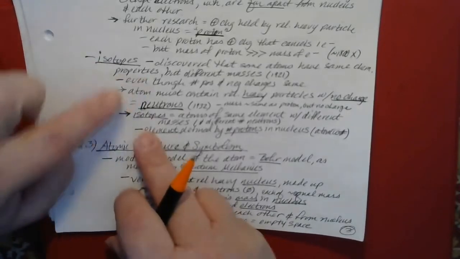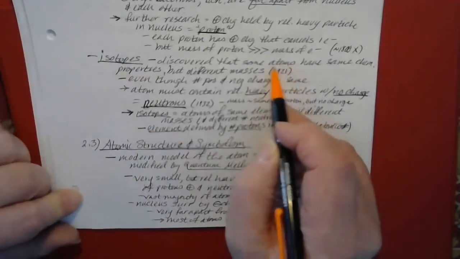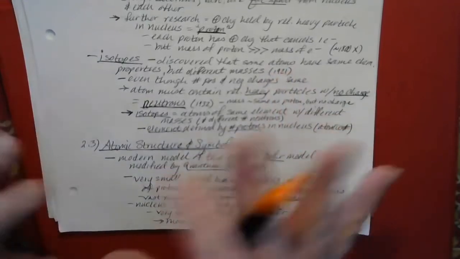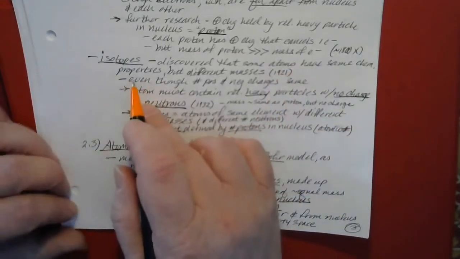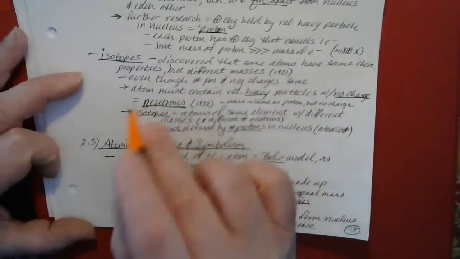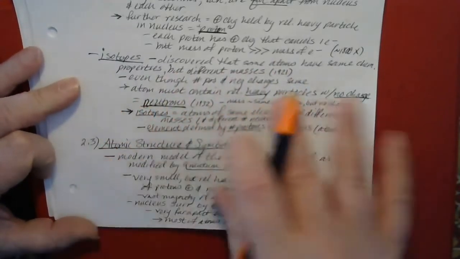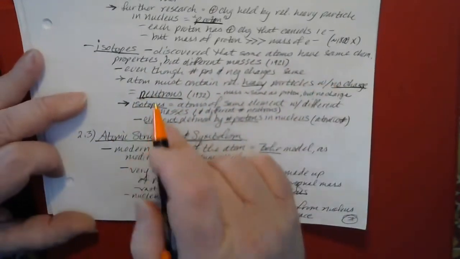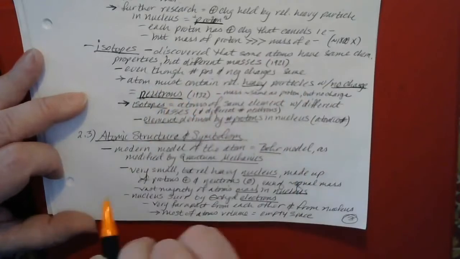And we're talking atoms here. Atoms, by definition, do not have a charge overall. So there must be some other particle within an atom that has no charge on it. And that was the neutron.